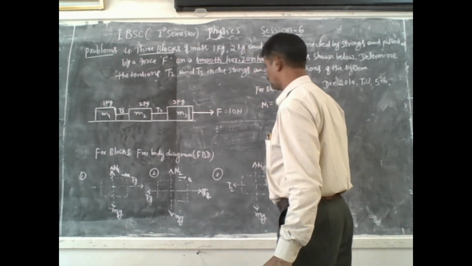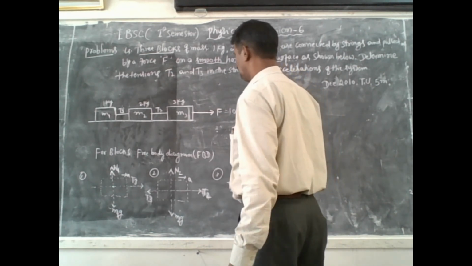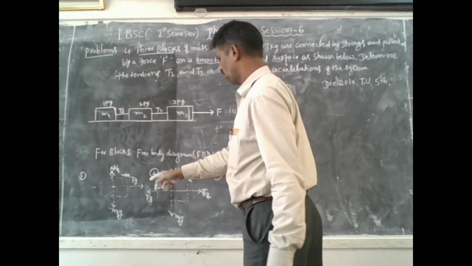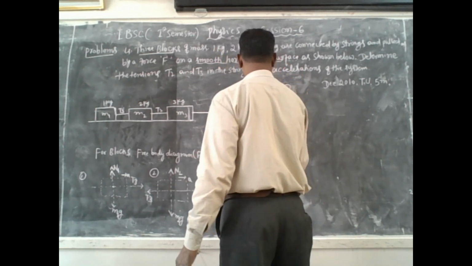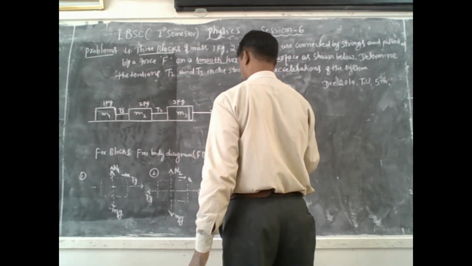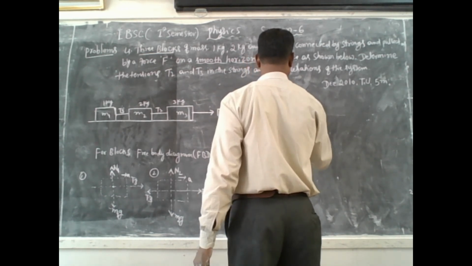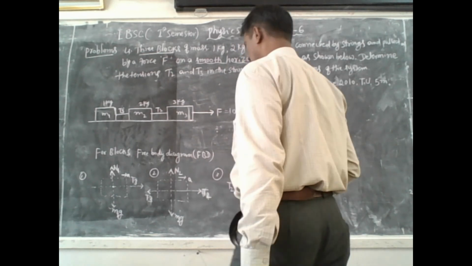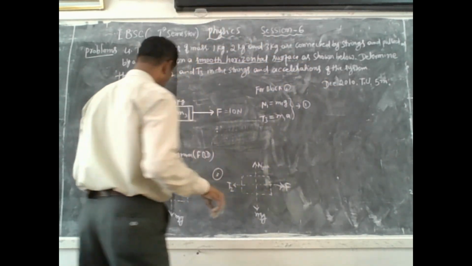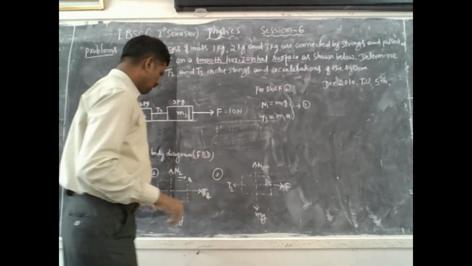For block 1, the equations can be constructed in this way. N1 is equal to M1G, and for the tension, T3 equals M1A. So this is equation number 1.